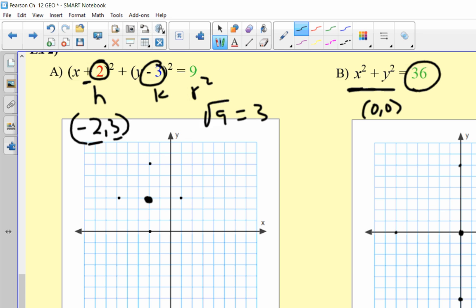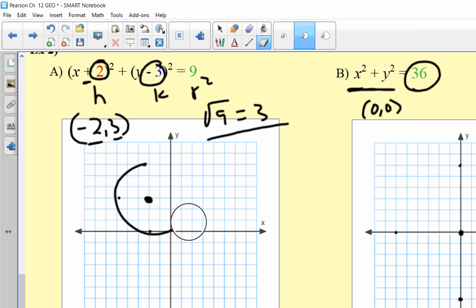Now remember, to get 9, I had to square a number. So obviously to get 9, some number squared had to have been 3. So I took the square root of 9 to get 3. And so now I just went 3 in each direction around the center of the circle, and I can sketch in my circle. I wish I could sketch a little bit better.